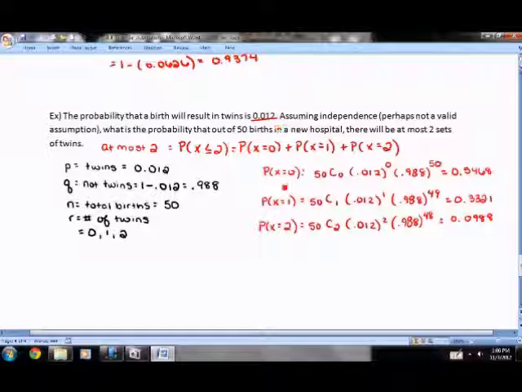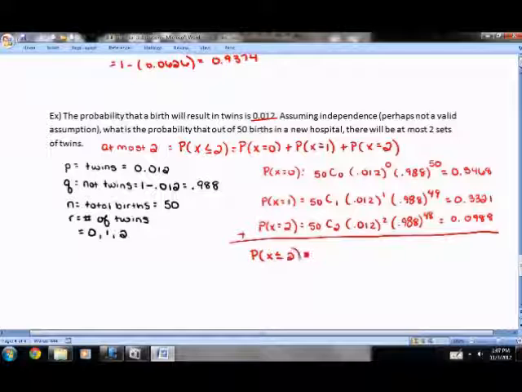So we plug them into our formulas, which we have over here, and we get our results. Because this is an OR situation, we add all these values together, and you get the probability where x is less than or equal to 2. When you add those values together, you get 0.9777, which says that we have a 97.77% chance that there will be at most 2 sets of twins born out of 50 births.